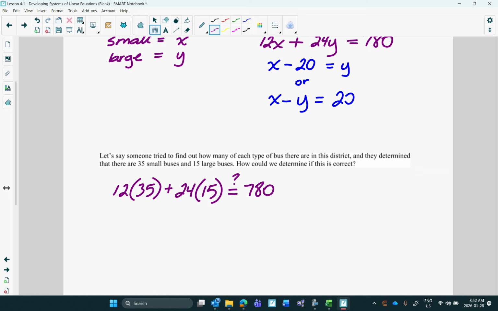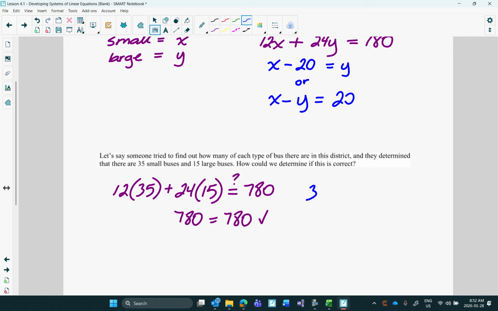So does 12 times 35 plus 24 times 15 equal 780? It does. Because when I calculate the left side, it equals the right side and makes a true equation. So that works. Does it work in the second equation? And I'm going to use this one.